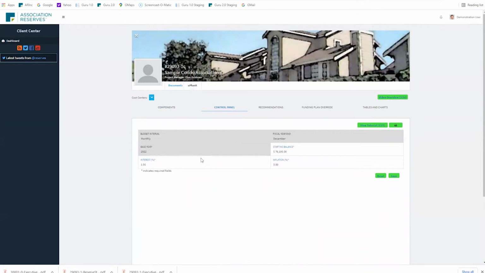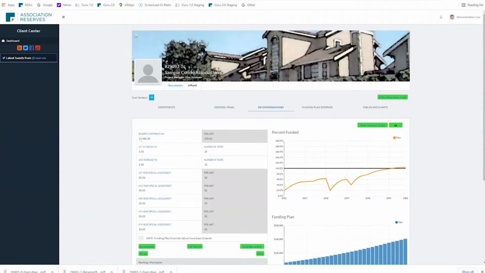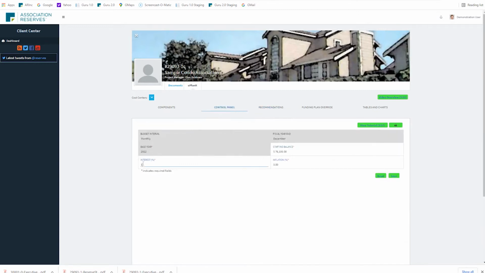Let's say they're trying to figure out what happens if we get 1 point. Well, let's take a look at it. They are on a full funding plan at $54.60 per month. And let's see what happens if they're able to get 1.5% interest. Whoops, that's not real. That would be fantastic. It's also not real.